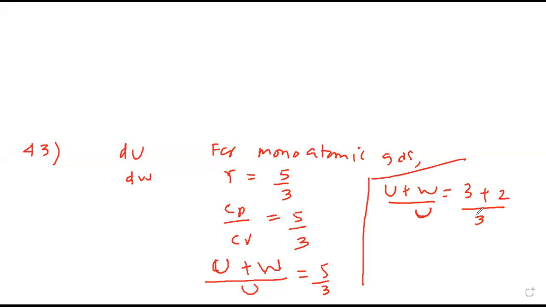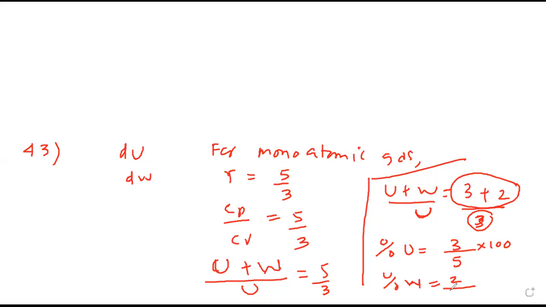Total is 5. Out of that, what is 3? Internal energy. So the percentage change in internal energy is 3 out of total 5, into 100. The percentage of work done will always be 2, total may vary, out of 5 into 100.